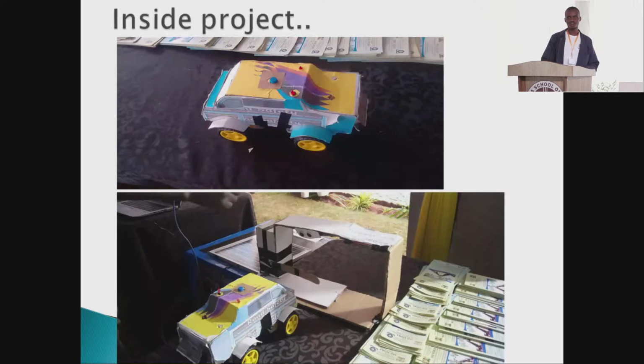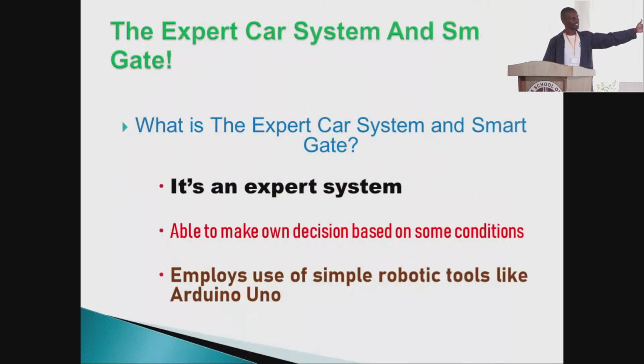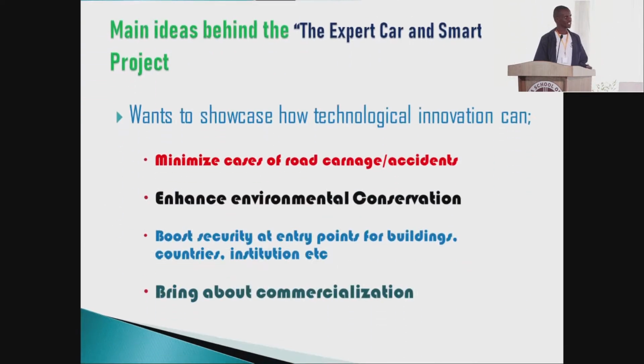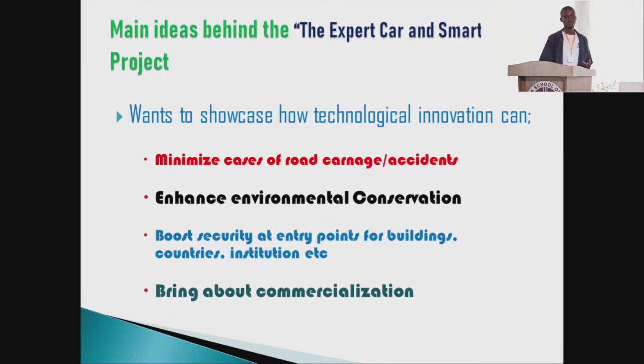Inside the project, the first one is the automated vehicle, which is using expert system technology, and the next one is the gate, which will also be automated. The expert system is a system which makes decisions on its own and is able to make changes.